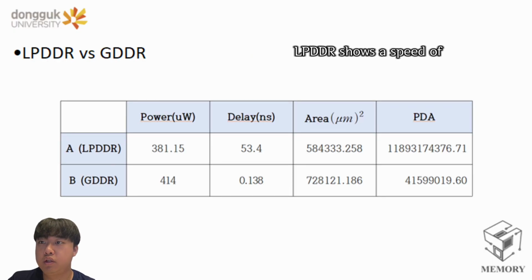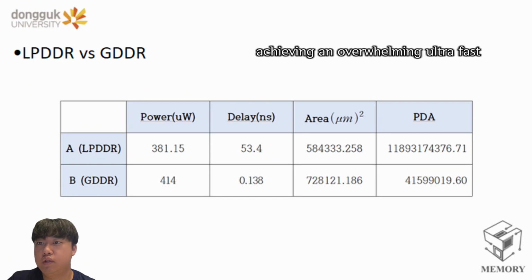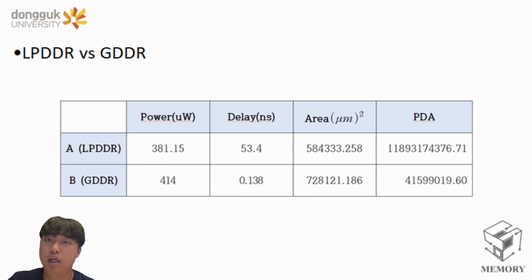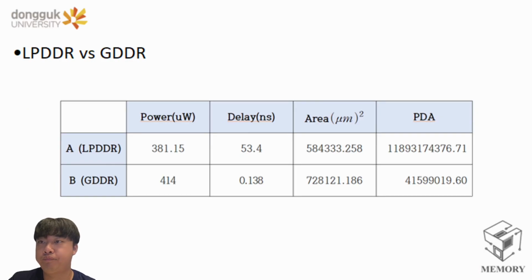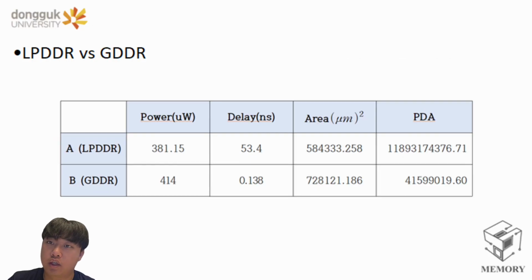LPDDR shows a delay of 55.4 nanoseconds due to line delay, while GDDR dramatically reduced the line length, achieving an overwhelming ultra-fast response speed of 0.138 nanoseconds. In terms of speed, GDDR has a very strong advantage. Third, the area characteristic.